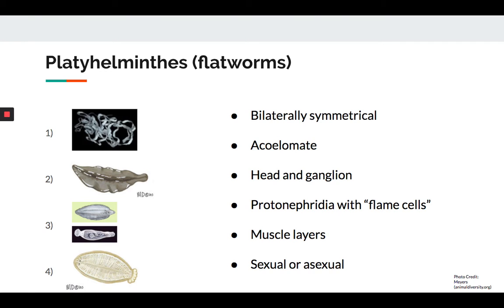They do not have body cavities, but have a head and a ganglion, as well as protonephridia, also called flame cells, that function similarly to the kidney in humans to excrete waste materials.